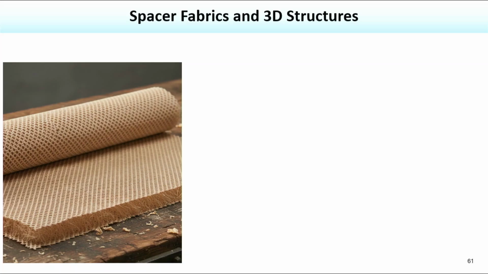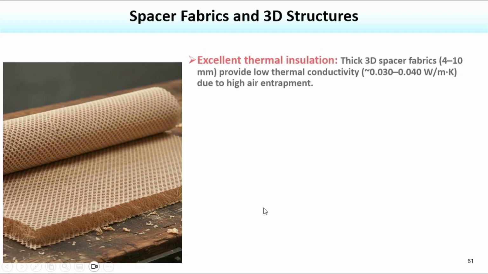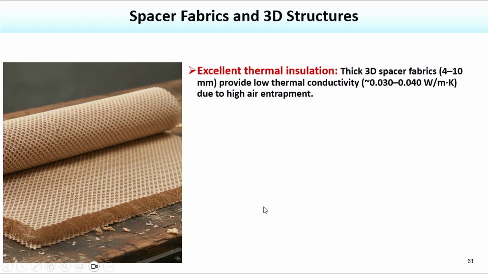So, the 3D spacer fabric is also used for thermal protection or as a thermal barrier. Excellent thermal insulation is provided due to the thick open space within the structure, the thick 3D space. Typically 4 to 10 millimeter space provides low thermal conductivity because of air entrapment.